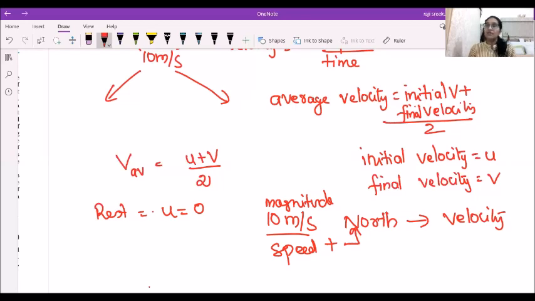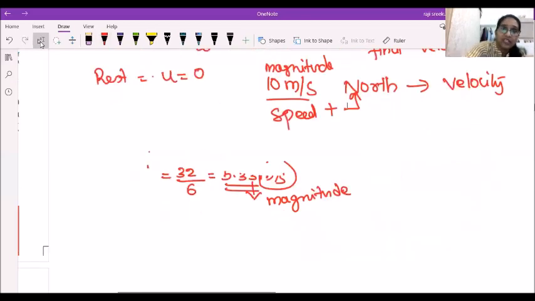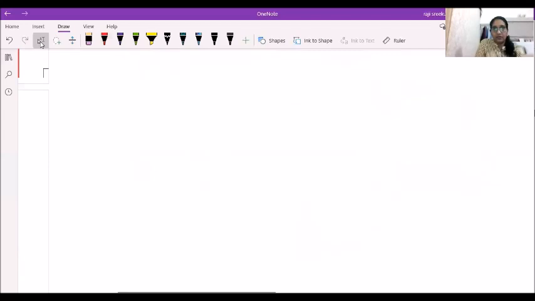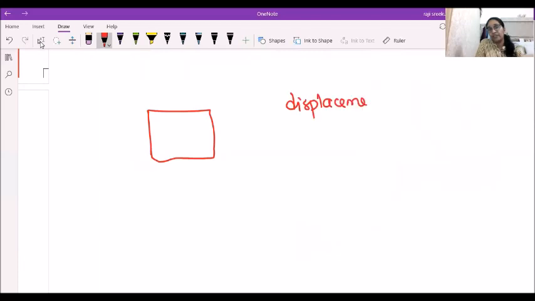The same way, velocity can be zero, because we know that displacement can be zero. If the object is moving in a closed path, displacement is zero. When displacement is zero, velocity becomes zero. And the same way displacement can be negative. We learned how displacement becomes negative in the last class.